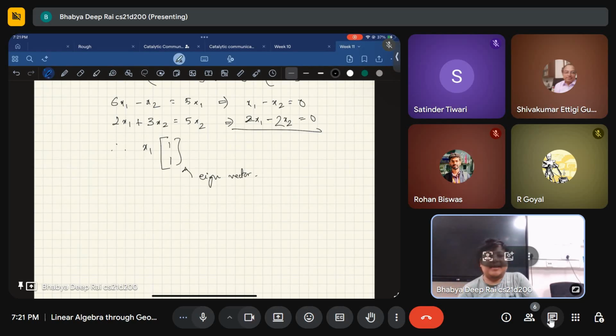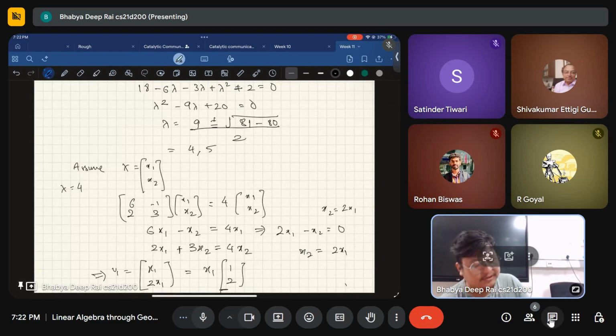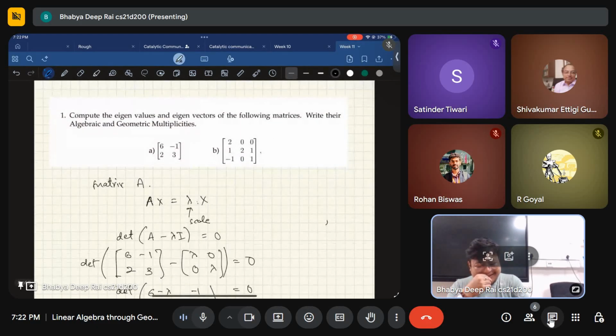Let me call this V2, and this V1. This is your eigenvector. Now we come to asking what the algebraic and geometric multiplicities are. Algebraic multiplicity simply means the multiplicity of the roots of the characteristic equation.